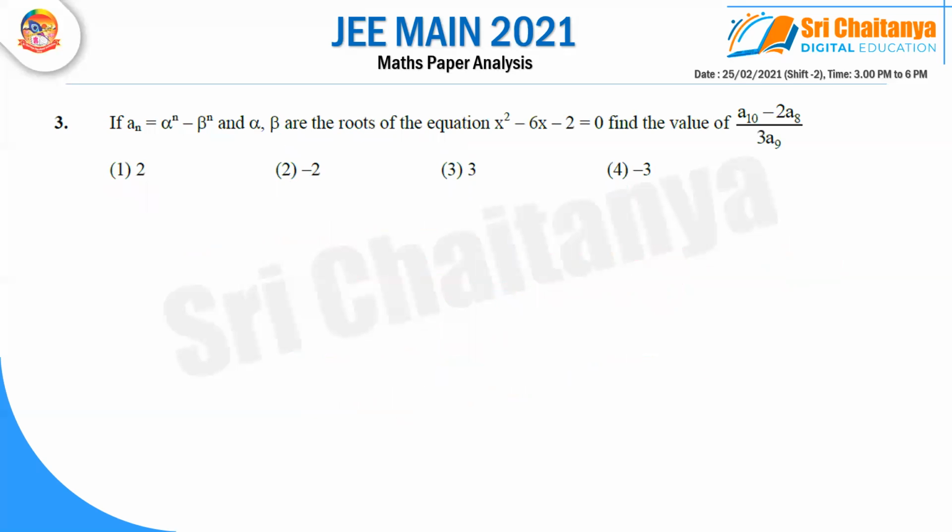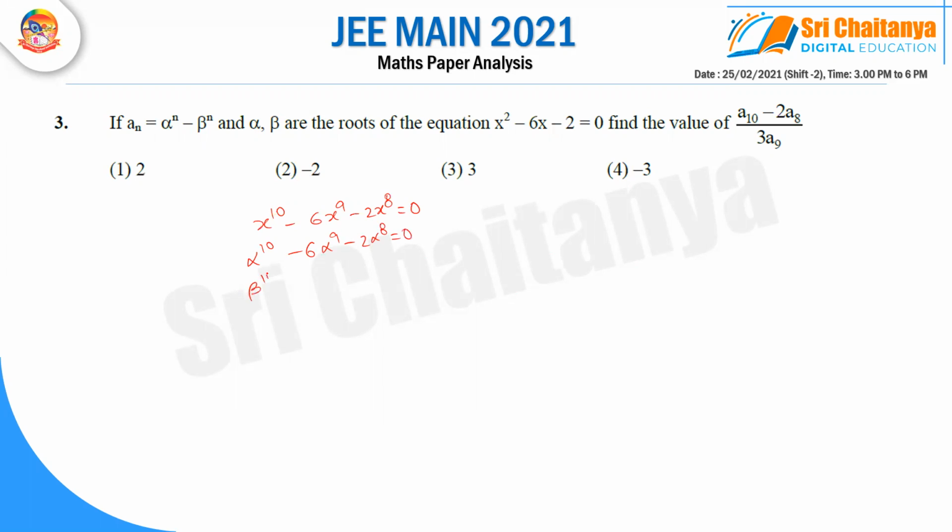Now coming to the next question, they give a value and they are asking (a10 minus 2a8) by 3a9. Okay, so I'm multiplying by x power 8 on both sides. So I will be getting x power 10 minus 6x power 9 minus 2x power 8 equal to 0. If I'm substituting alpha, I will be getting something like this.